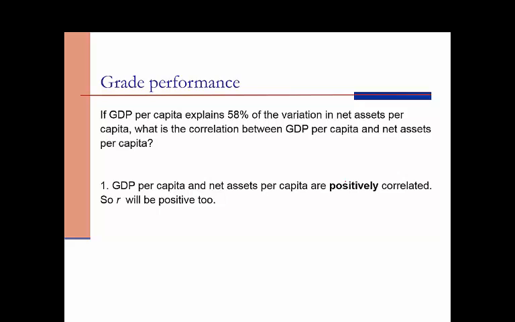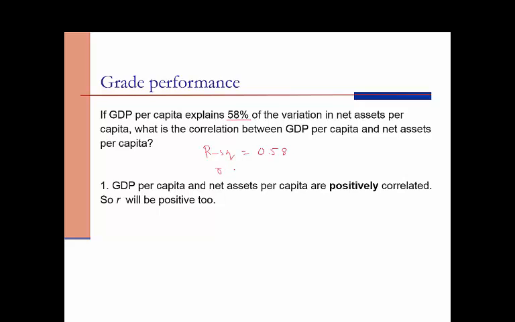That means R will be positive. Okay, so increasing net assets per capita increases GDP per capita. That information you have to know. Then you know 58% of the variation is explained. So you know right away that your R squared value is 0.58.